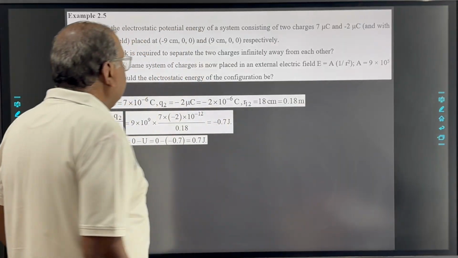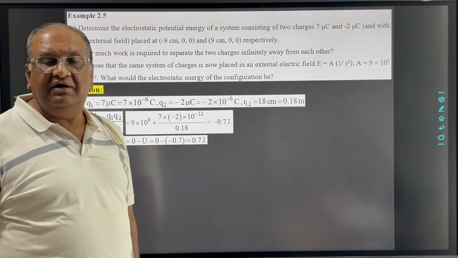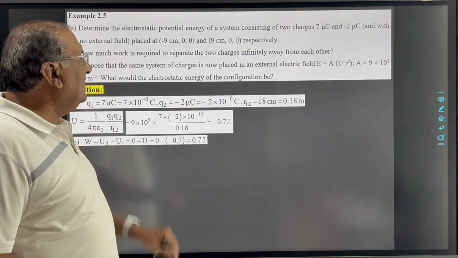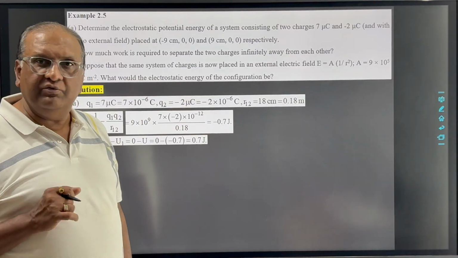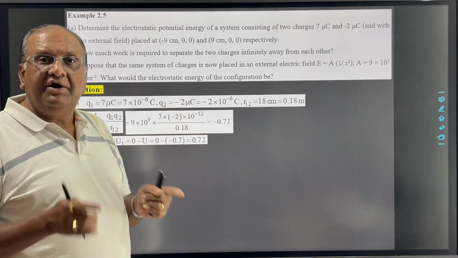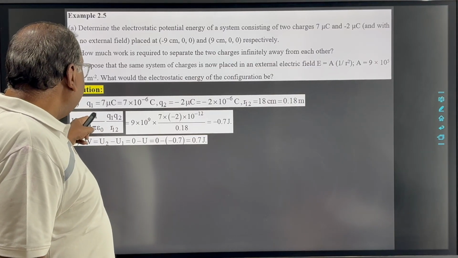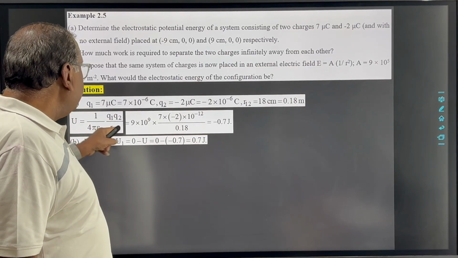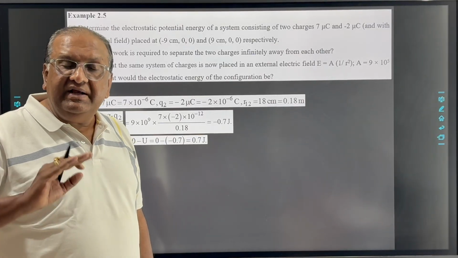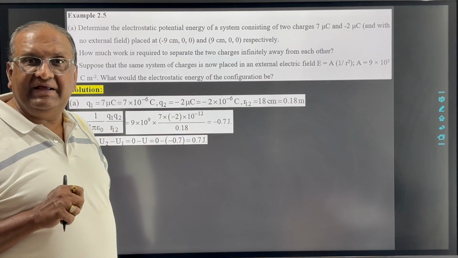Then third question. Now the system of charges is placed in the external field. And now what is the electrostatic energy of the configuration that we have to calculate? Now the potential energy due to the interaction between two charges, this 1 upon 4 pi epsilon 0 q1 q2 upon r12, that will remain as it is. But in addition to that, two more potential energies will be there.